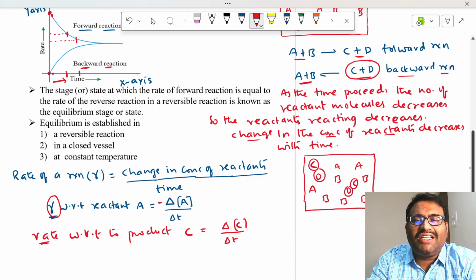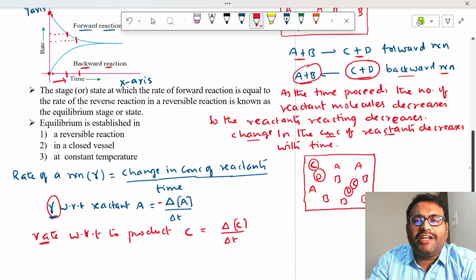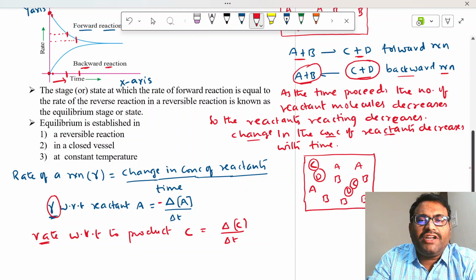They react with each other and convert into A and B. Here the products are C and D. Now C and D are behaving as reactants, and they are reacting with each other and converting into A and B. So in the backward reaction, C and D become reactants, and A and B become products. In the forward reaction, A and B are reactants and C and D are products.